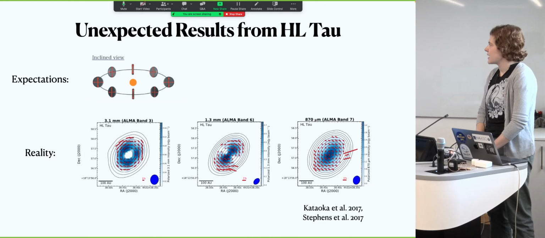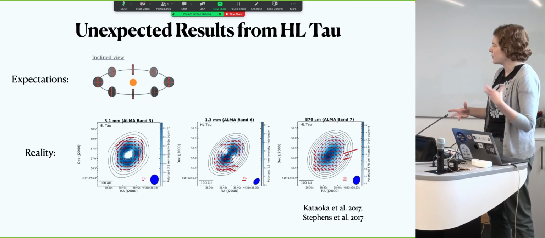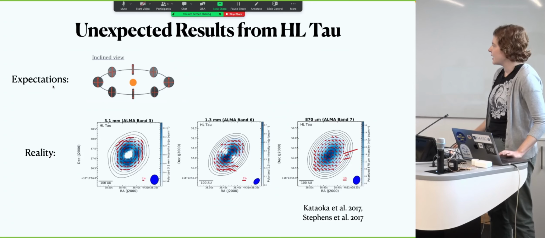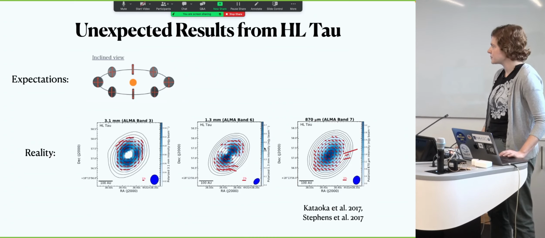However, when HL Tau was observed with this same technique, what was seen looked nothing like what we expected. Not only do we have a very different polarization morphology than what we would expect from dust grains aligning to a magnetic field, the polarization morphology actually changes between different wavelengths.